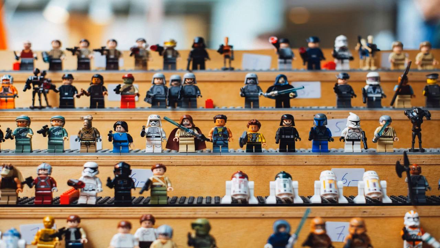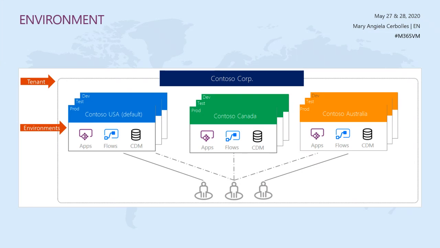But before we go into solutions, we need to strategize our environment in Power Platform. So what is an environment? An environment is what we call our container, where you can manage your applications, your flows, your gateways, connections, your common database, and other different roles. This container, the environment, is bound to a geographic location.